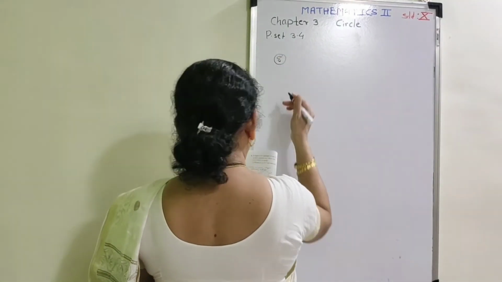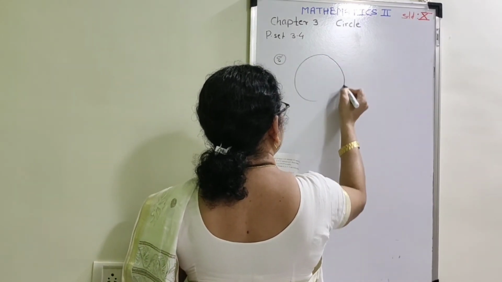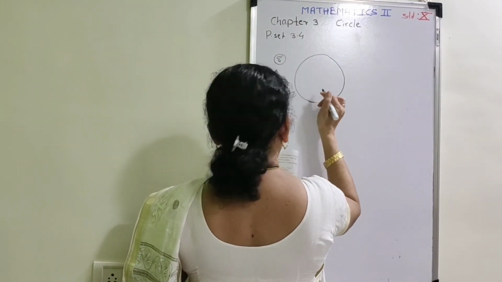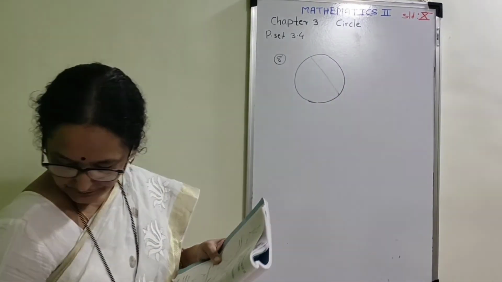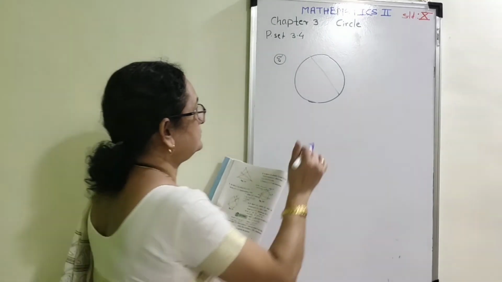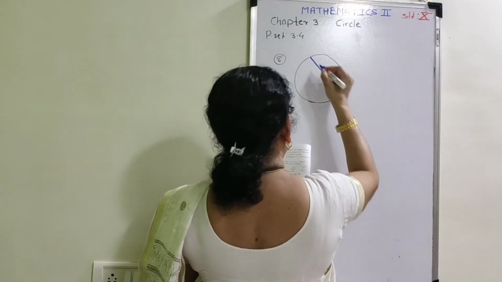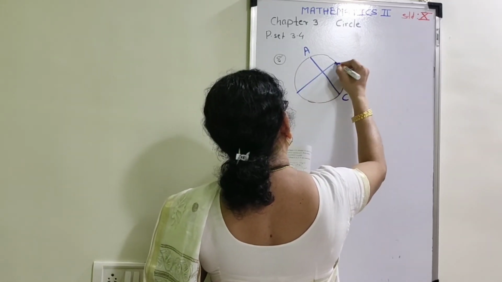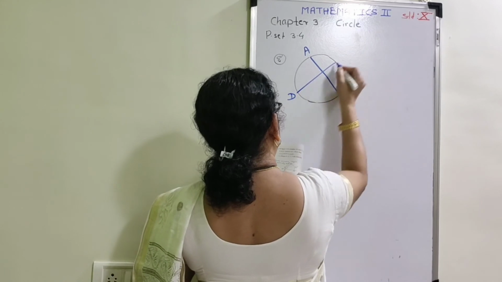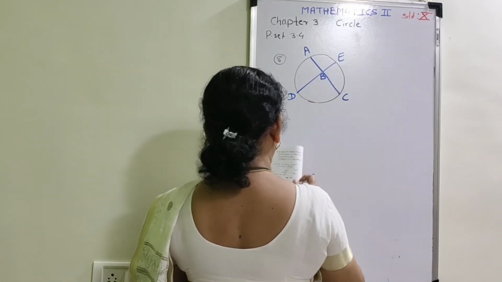Example number 8. Two chords intersect in the interior region of the circle. The figure is given. This is chord AC and this one is the second chord DE. Both the chords intersect at point B.